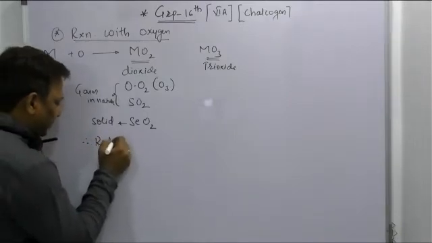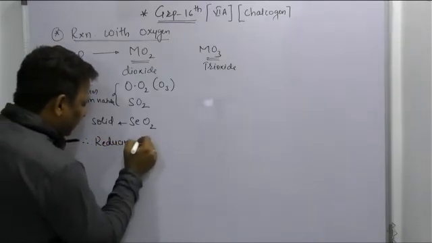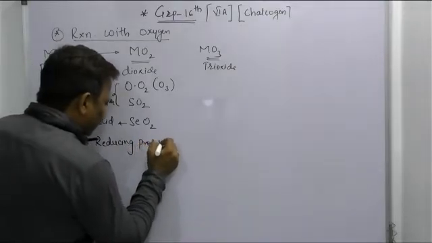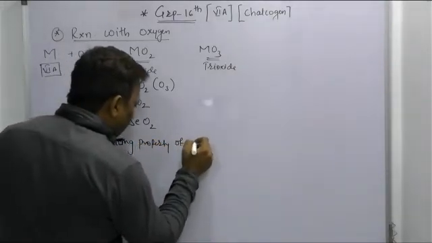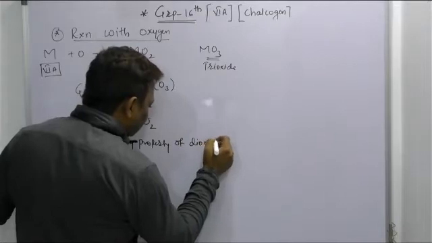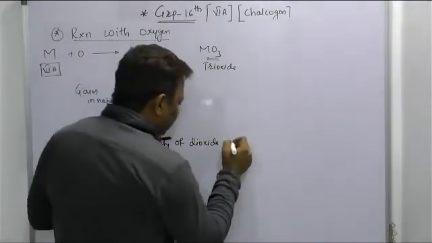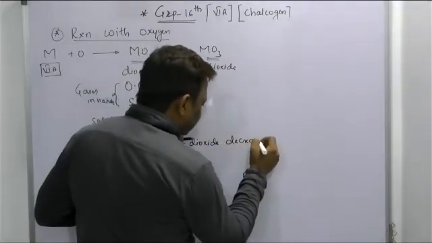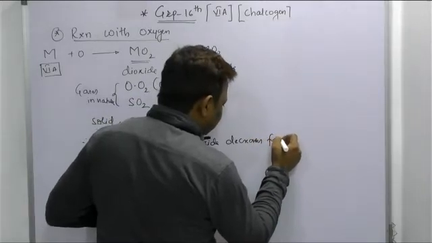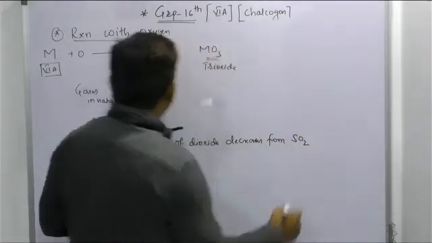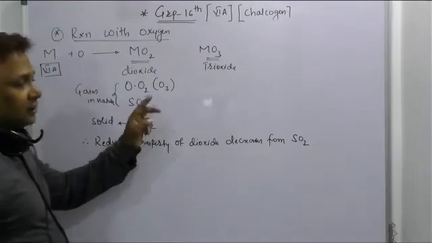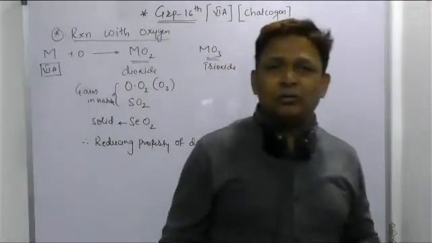Reducing property of dioxide decreases from sulfur to tellurium: oxygen, sulfur, selenium, tellurium, polonium.